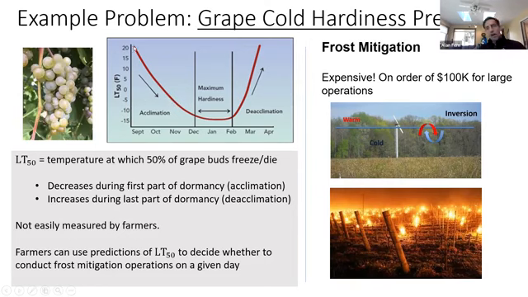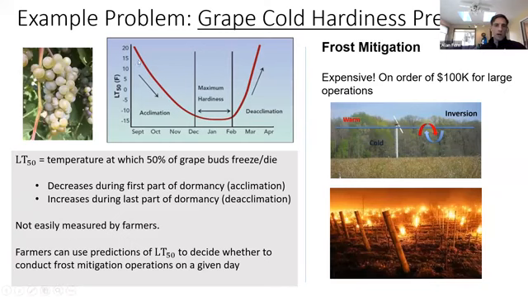And you see, as the grapevine is in the dormancy period, it starts to get more cold hardy. And then eventually, when it gets into deacclimation, it will become less cold hardy. And this is when eventually over here the buds are going to break, and then there's no returning.